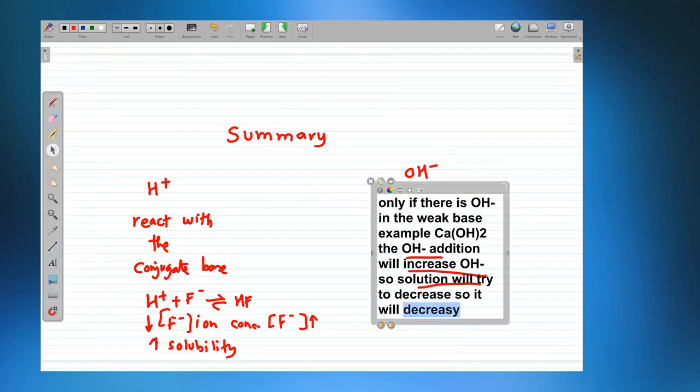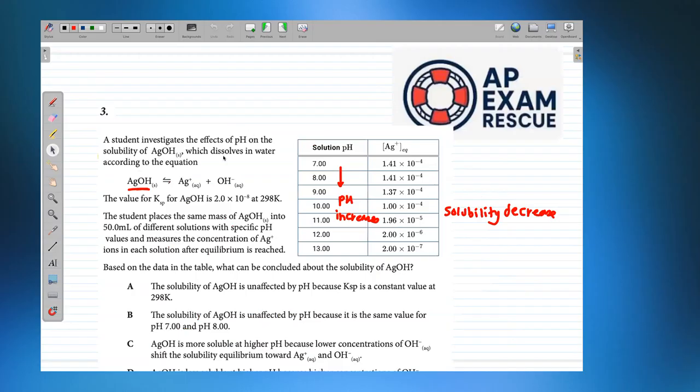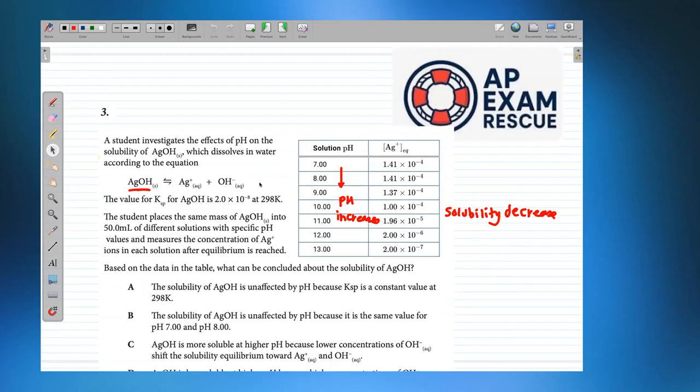How is this happening? And that's what actually happened: when I put this, the silver hydroxide, I'm putting OH minus, the pH increasing. How is pH increasing? By increasing OH minus.